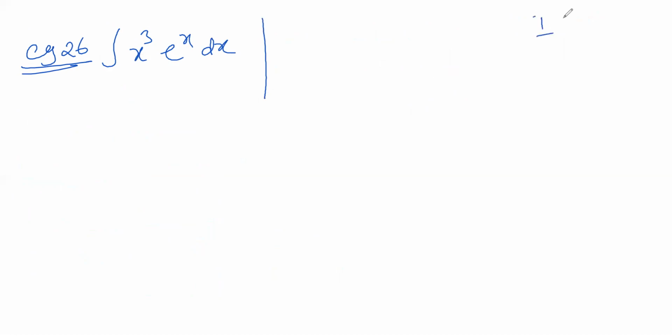Now example 26. Coming to integral of x cube e power x dx. Here it is algebraic and here it is exponential. Which comes first? Algebraic comes first. So u is equal to x cube, and the remaining term, dv is equal to e power x dx.